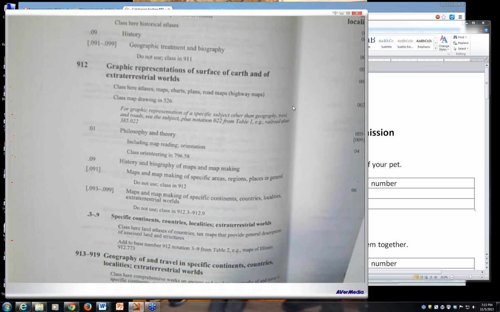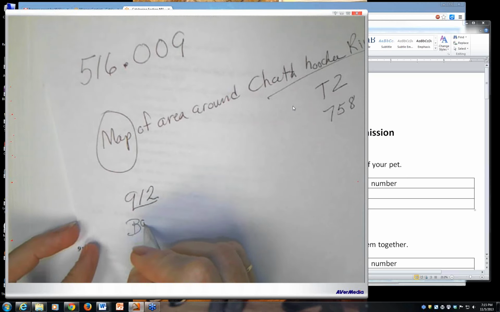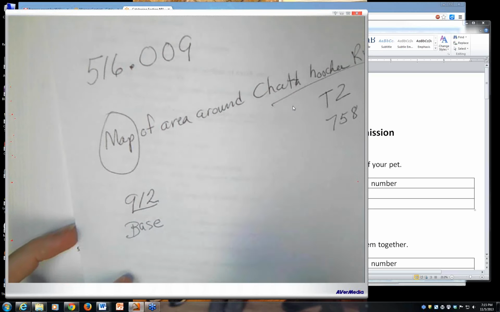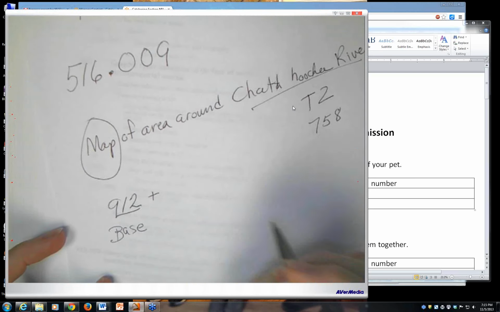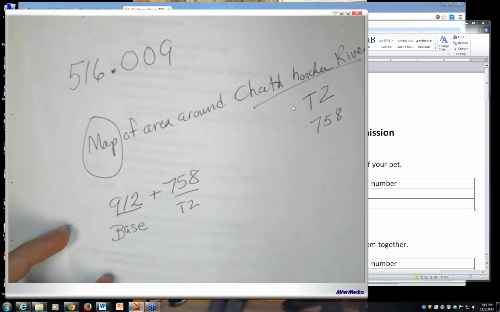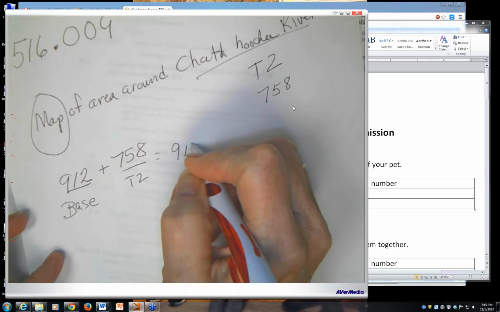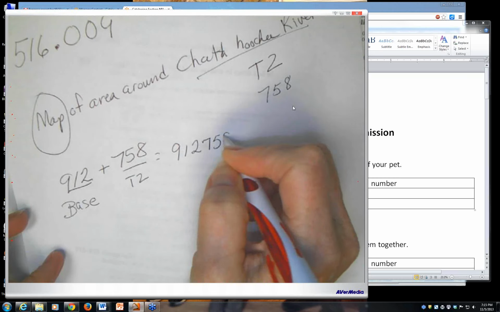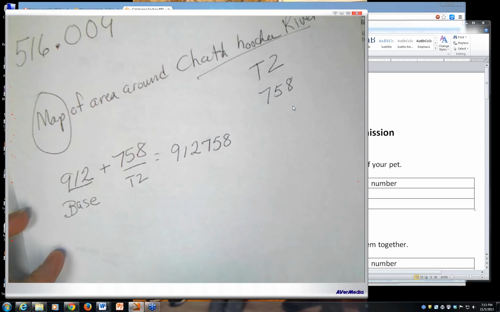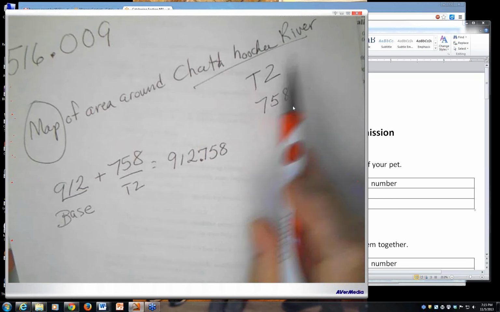Well, a map of the Chattahoochee River, our base number, 912, plus our Table 2 number of 758 equals 912758. Go back and insert the decimal point, and that is a map of the Chattahoochee River.